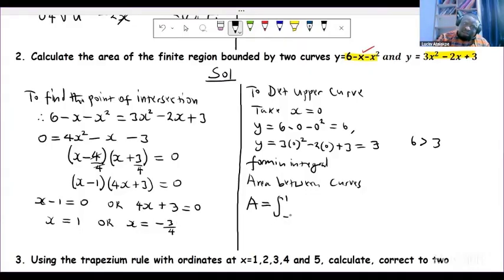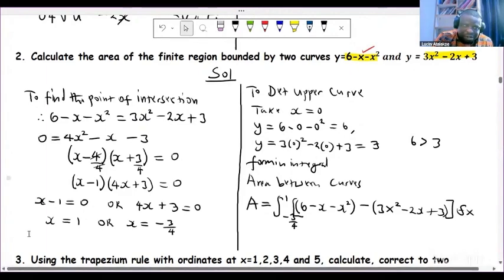Then minus 3/4. Then our upper curve, which is 6 minus x squared, then minus the lower curve, which is 3x squared minus 2x plus 3. Then anytime you put an integral, always wrap it up with the dx.